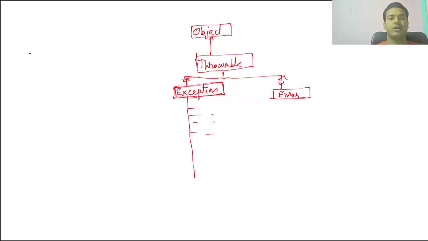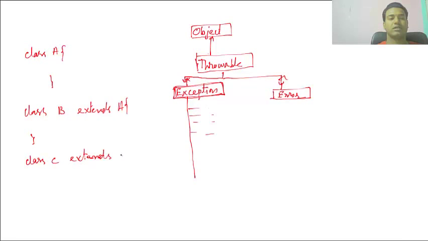Now what advantage we can take here: suppose I have a class A, and I have class B, B extends A, and I have one more class C, and C also extends A, right?